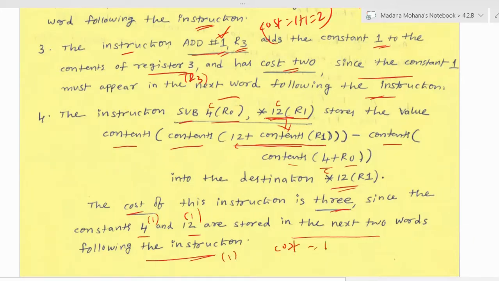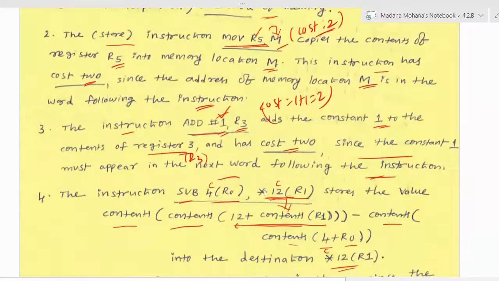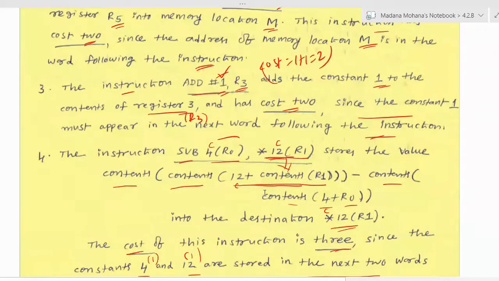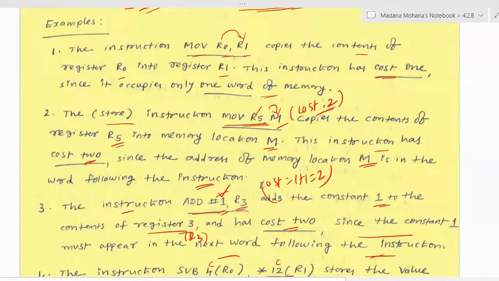Therefore cost equals 1 plus 1 plus 1 equals 3. So almost any assembly language instruction will be in one of these forms, because of the five or six addressing mode combinations. Then the cost will be calculated like this using these examples as a base.